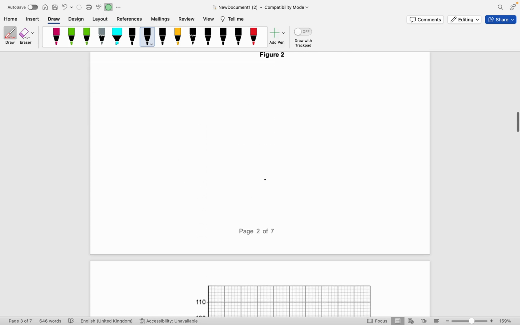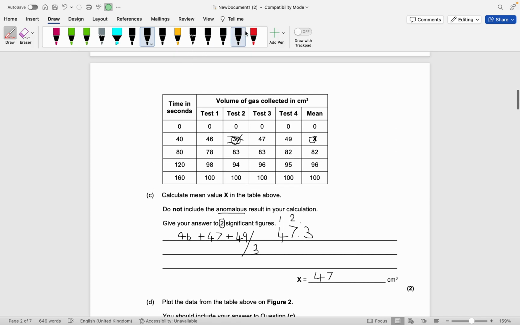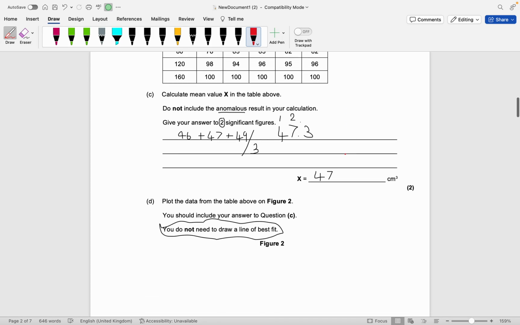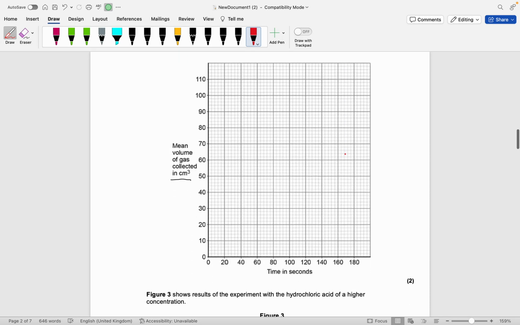So let's have a look at what our first plotting points are. I'm just going to get a red pen. For 0 seconds, we've got a mean volume of gas collected of 0. So I'm going to put our first point, a tiny little cross, at the origin.